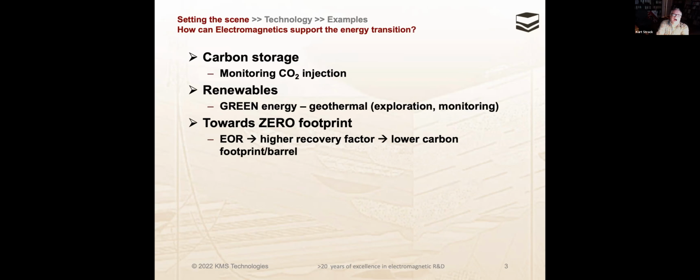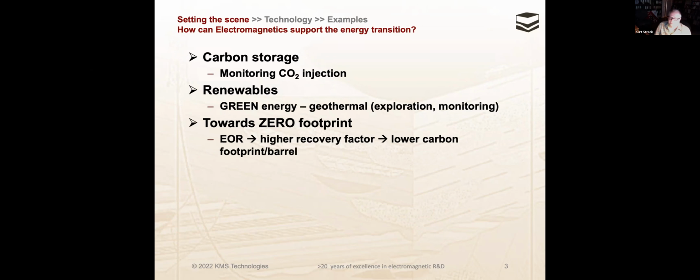Now, how can electromagnetics support the energy transition? There are many applications, and Alan has been focusing on the mineral application. So I'm sure he has also looked at lithium mining, where EM is really essential. But I will look at something between 1 to 5 kilometers.